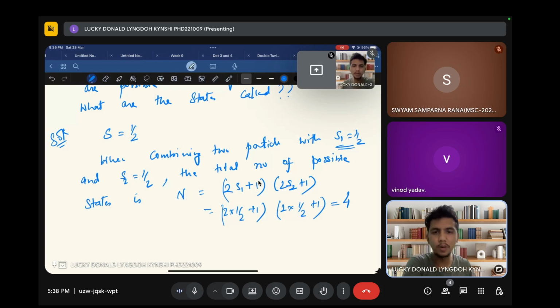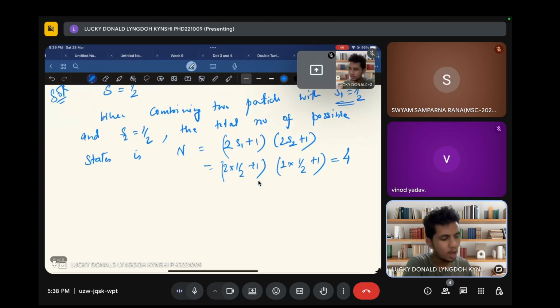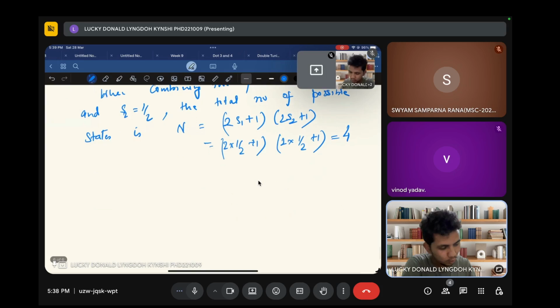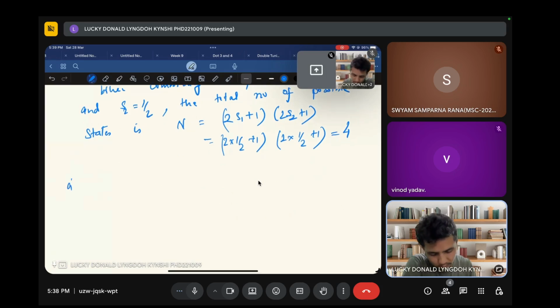It is given by the product of 2s1 plus 1 and 2s2 plus 1. But what are those states? What are the 4 possible states? I will divide them into 2 groups.